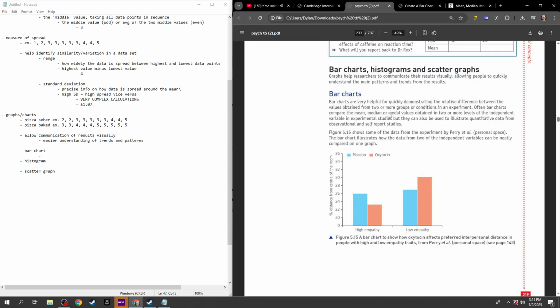So, back to useful things. There was literally one right here, but I wanted to use a similar thing. Anyways, so quickly demonstrate relative difference between values from different groups.